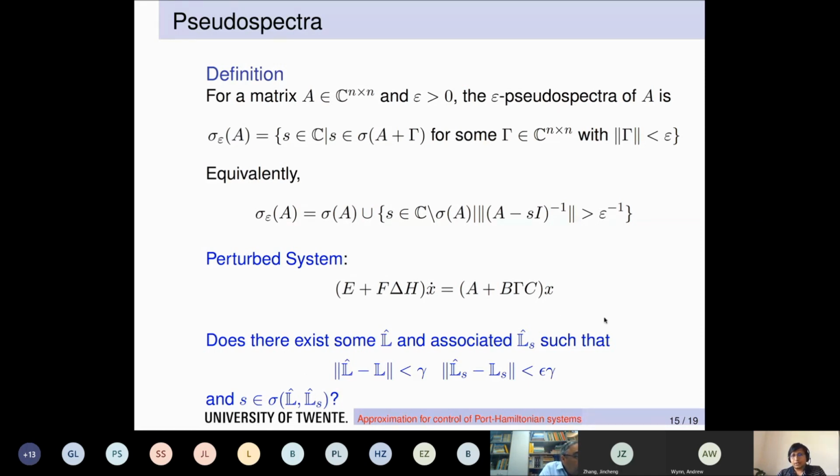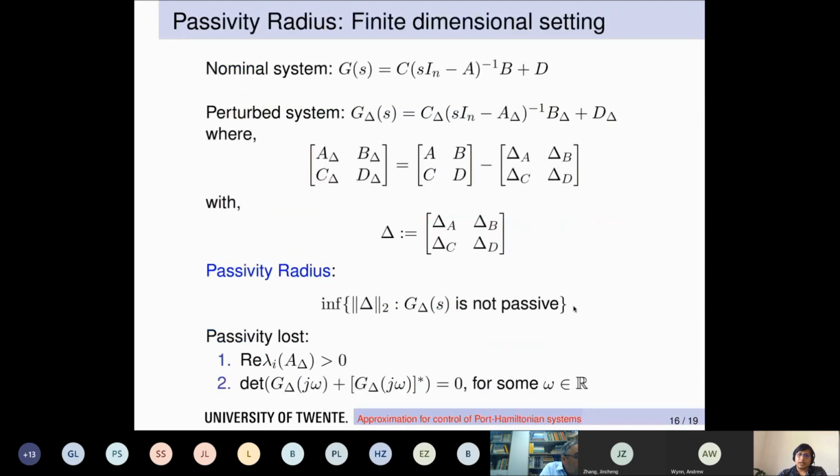So here we can formulate two problems. One is finding this matrix, and one is having an idea about this boundedness. What we are doing currently to have some idea about this boundedness, one of the logical ideas, is to get an interpretation with the passivity radius.